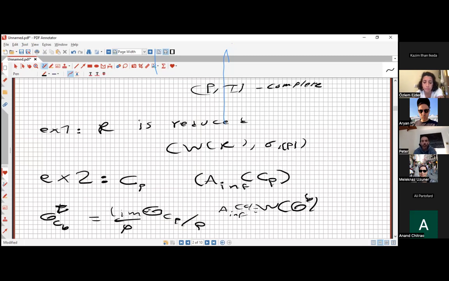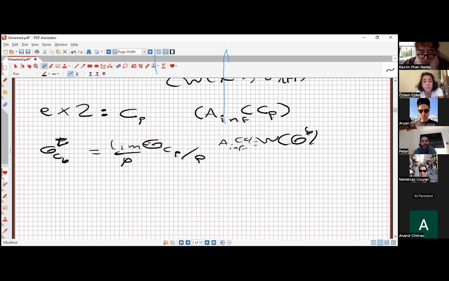This is an important thing in p-adic Hodge theory. There is a natural map from A_inf of C_p to O_{C_p}, and its kernel is generated by a single non-zero-divisor element.